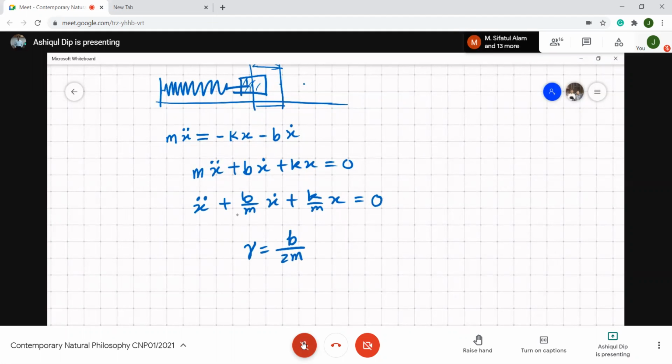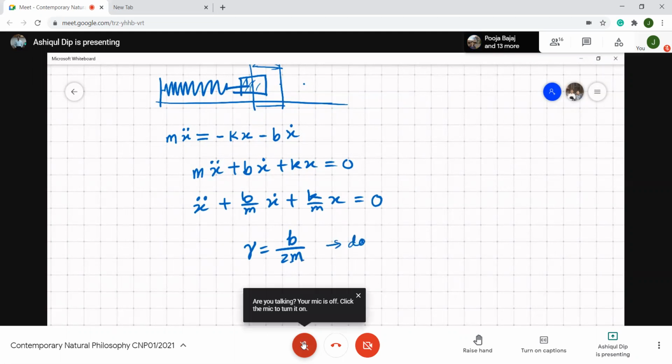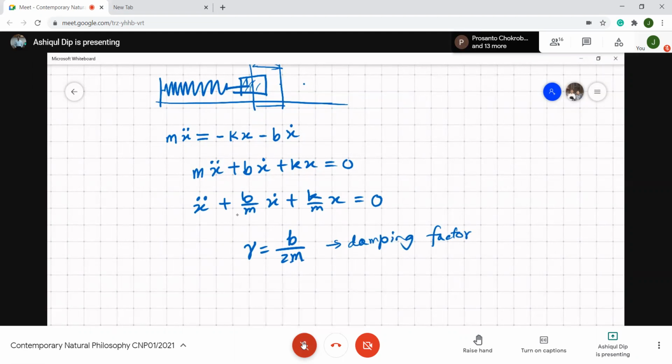It's called the damping factor. And let's define another thing that is omega equal to root k over m. So this is basically the frequency of undamped oscillation, right? Yeah.